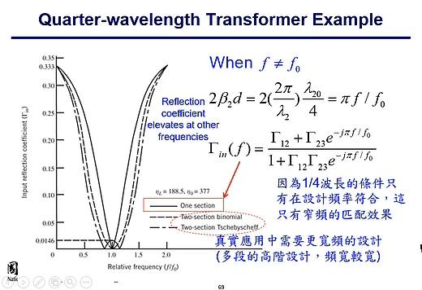According to your requirement, if you only need to achieve matching for a specific frequency, then you can easily use a quarter wavelength transformer. On the other hand, if you want to achieve matching for a broadband signal, then you may need to seek assistance from other techniques. The quarter wavelength transformer by itself is a narrow-banded technique.